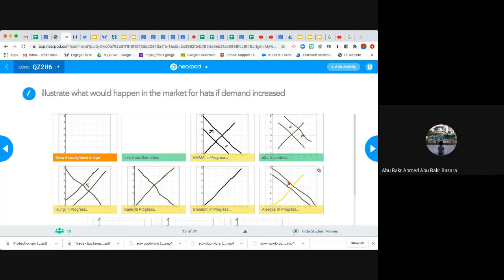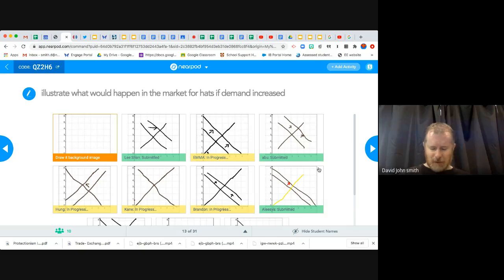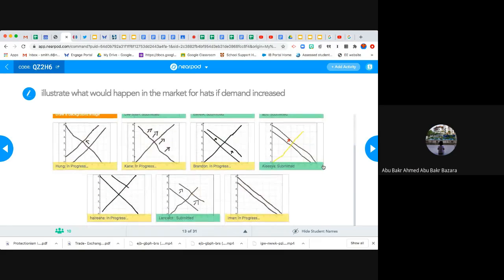But there are curved ones, absolutely. There are curved supply curves and curved demand curves. And we're going to look at a curved curve, but we're not necessarily going to use them because they're a bit too difficult for you to cope with at this particular point. There will be one curved curve that you will analyze, but in the majority of cases you are just going to be worrying about straight line curves. Okay, thank you. No problem.